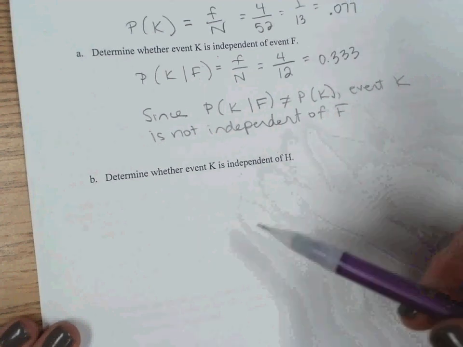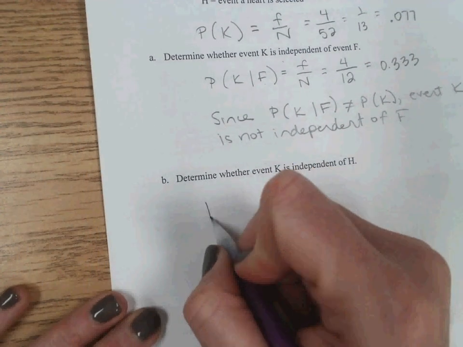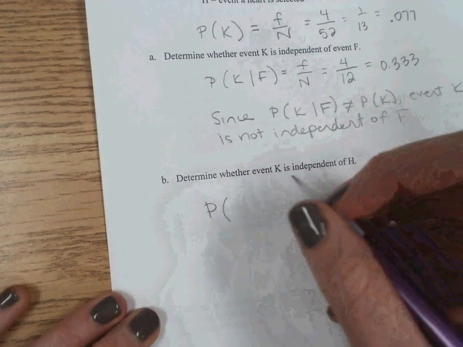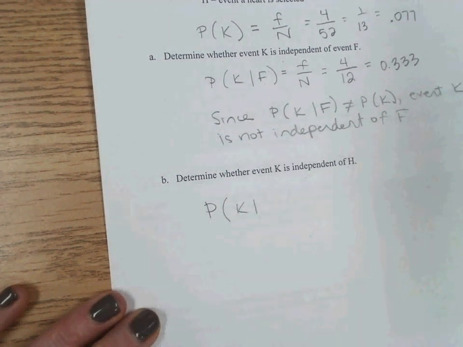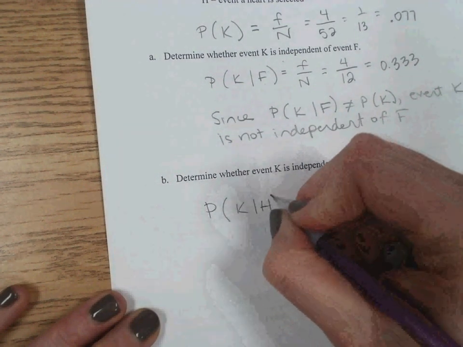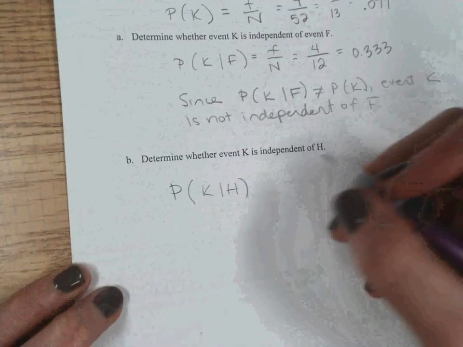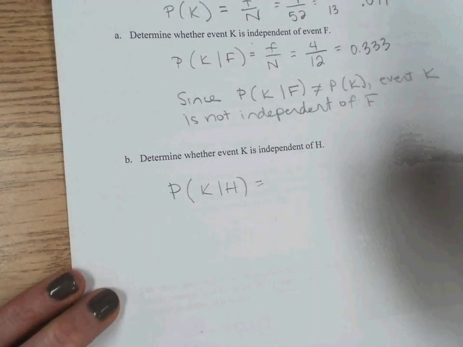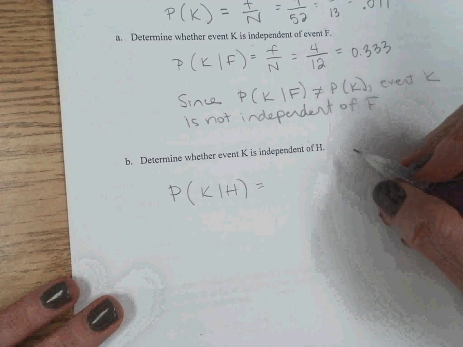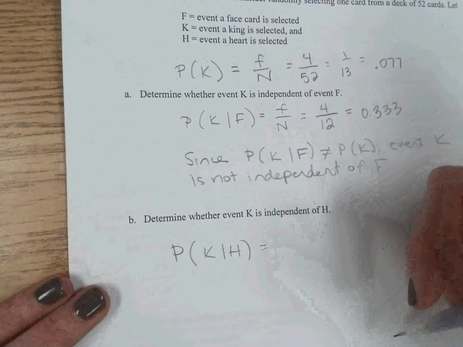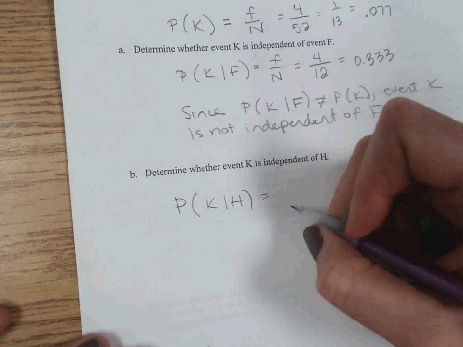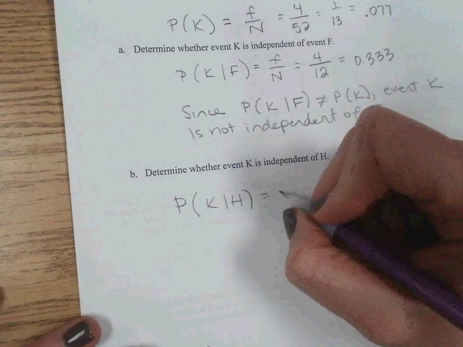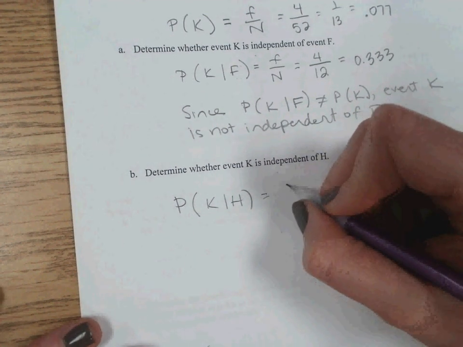All right, one more. Determine whether event K is independent of H. Again, if we can say that the probability of K given H is equal to 0.077, then we know K is independent of H. So, the probability of getting a king, given that we draw a heart.